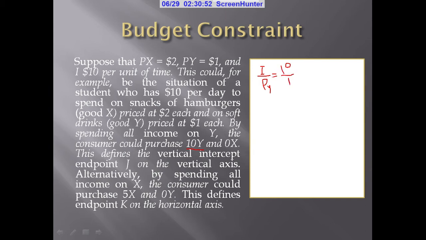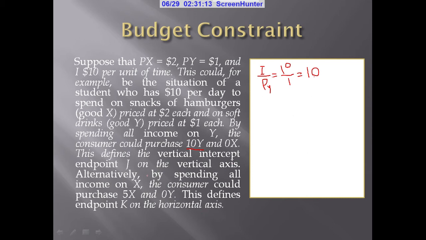So the individual can purchase 10 units of commodity Y if purchasing only commodity Y and consuming X in zero quantity.